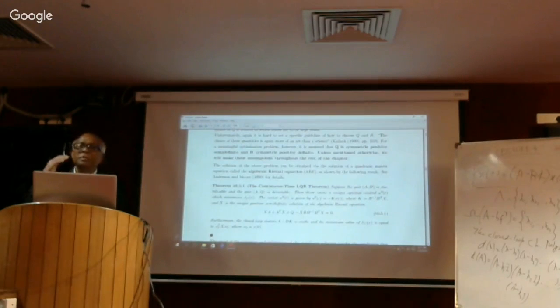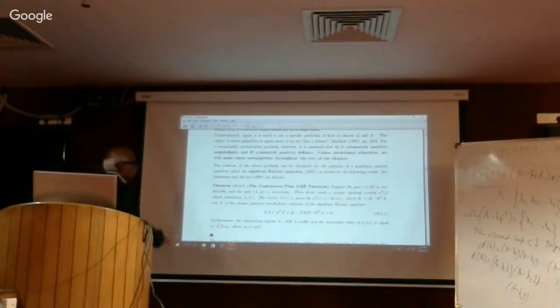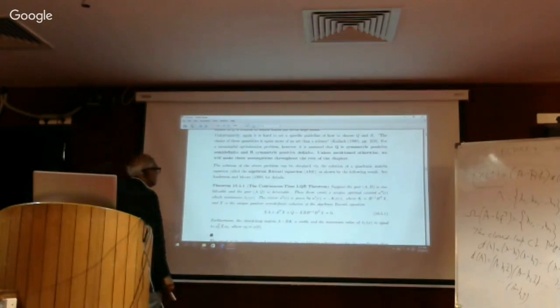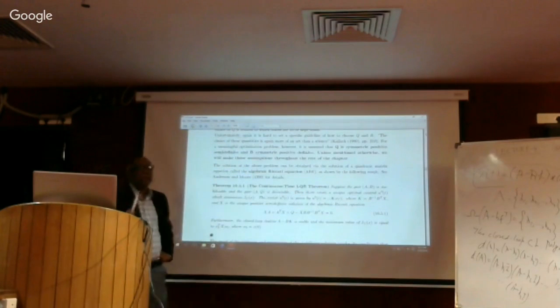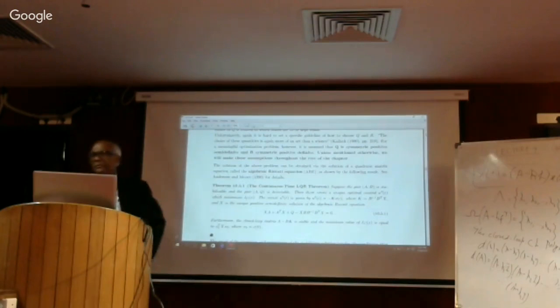Stability is guaranteed and the cost function is minimized, and this can be done uniquely. And it can be shown mathematically that under the assumption that (A, B) is stabilizable and (A, K) is detectable, this equation has a unique positive semi-definite solution X.